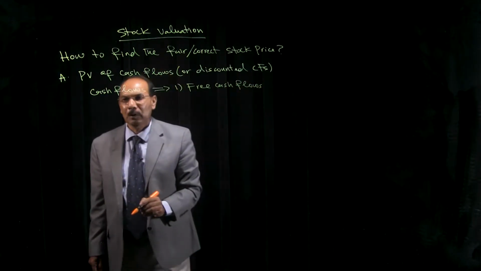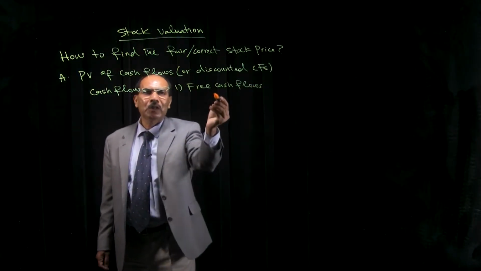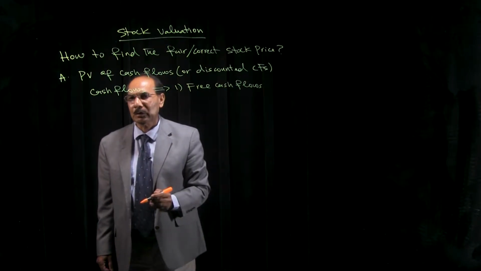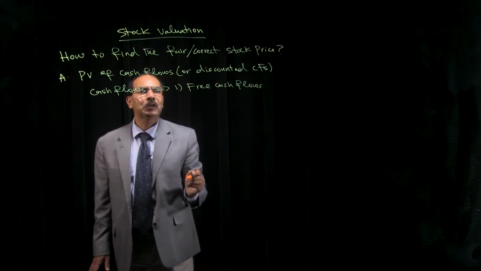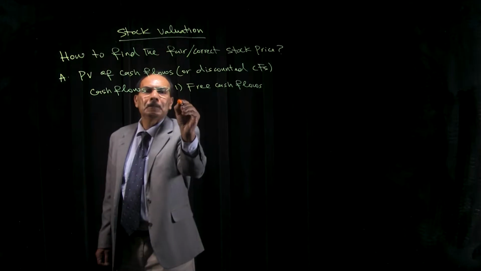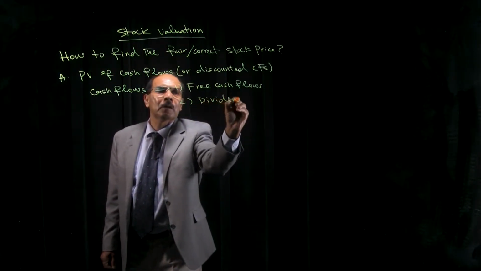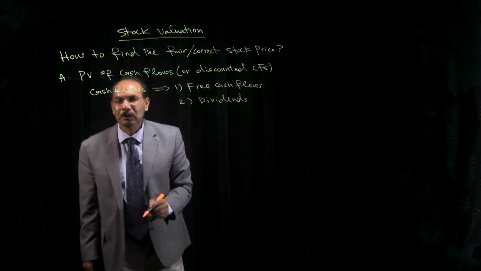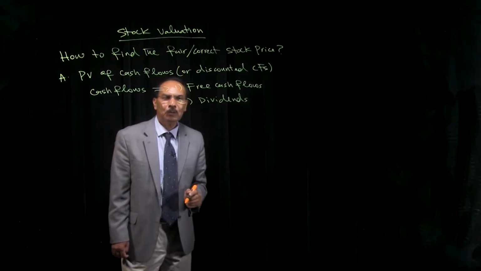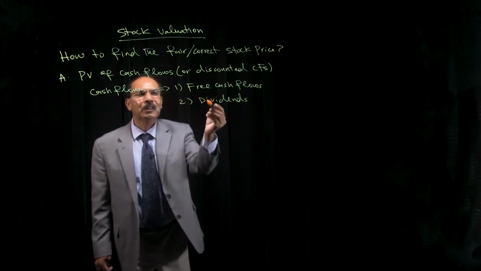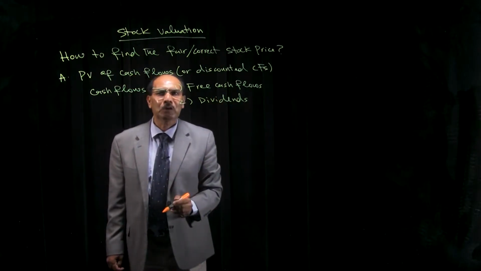It could be in the form of free cash flow. That means this money only belongs to the shareholders. Everyone else has been taken care of. A second way we can think of the cash flow is going to be in the form of dividends, money that is going to be paid to the shareholders.